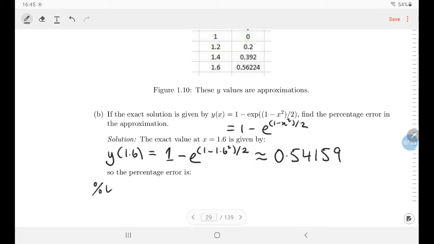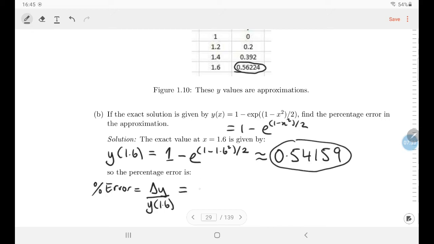So the percentage error is the error over the true value, which is y(1.6). The error is the difference between the approximation and this, so that would be y(1.6) minus y3, taking the absolute value just to make that positive, divided by y(1.6).